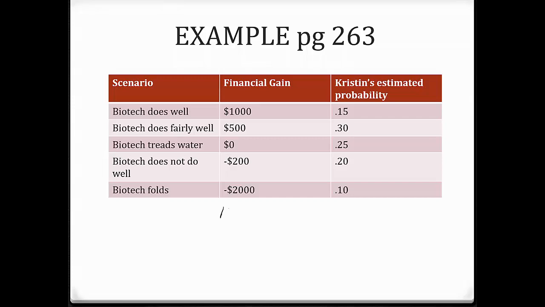So we go 1,000 times 0.15, 500 times 0.3, 0 times 0.25, and negative 2,000 times 0.1. And then you're going to add all of that up. And you're going to get your expected value of investing in this company over time.